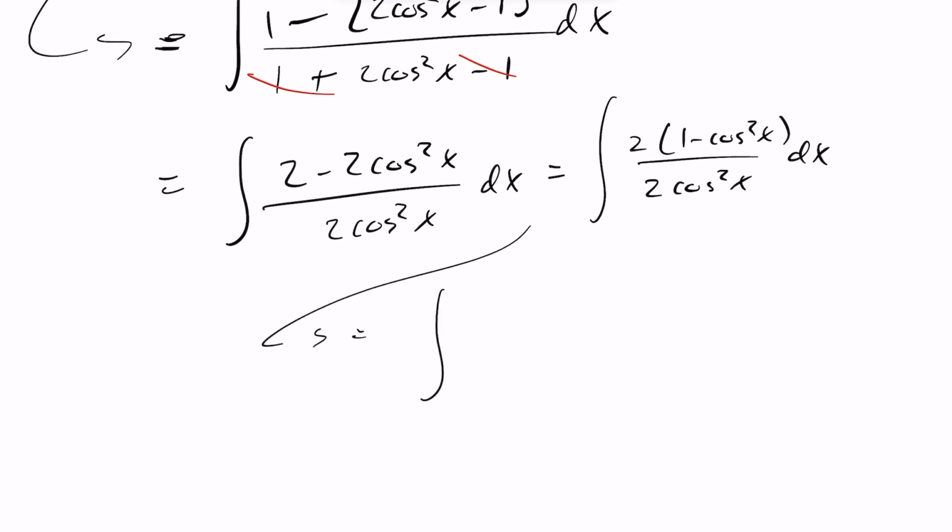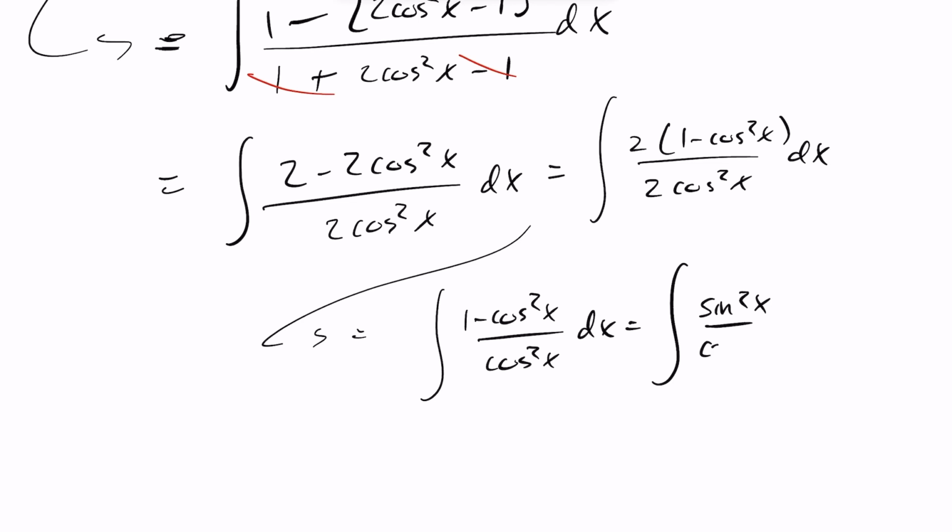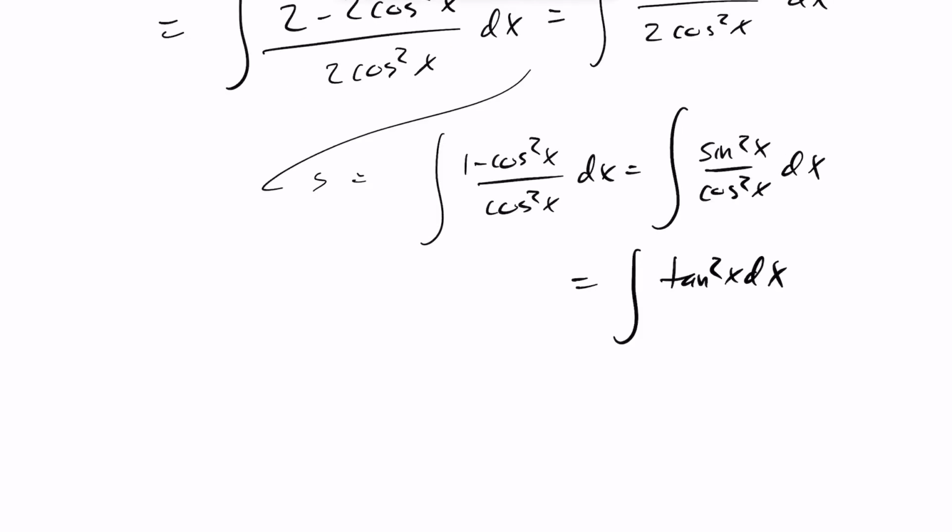We're just left with the integral of (1 minus cos squared x) over cos squared x with respect to x, but that's exactly equal to sine squared x over cos squared x dx, which is the integral of tan squared x dx.